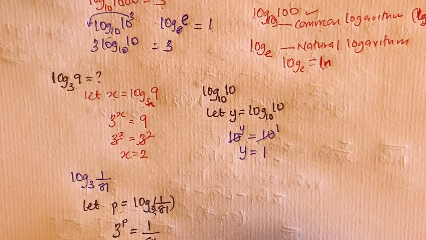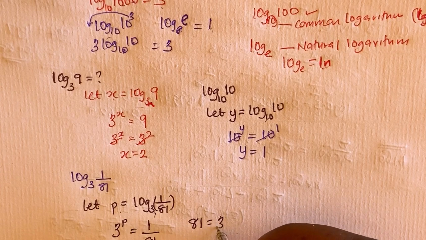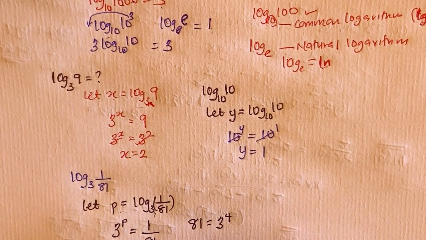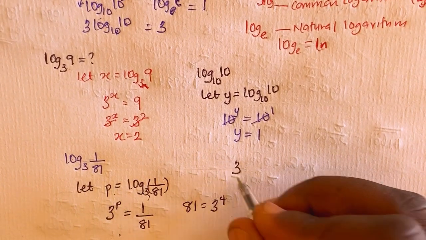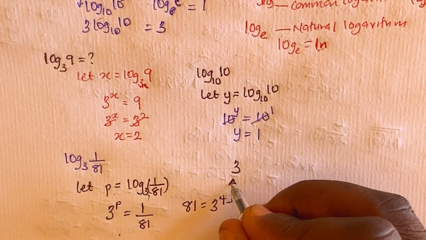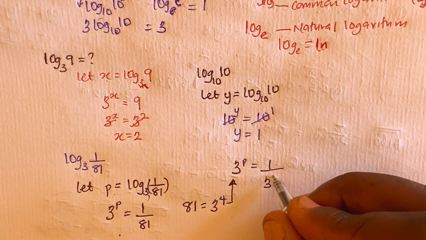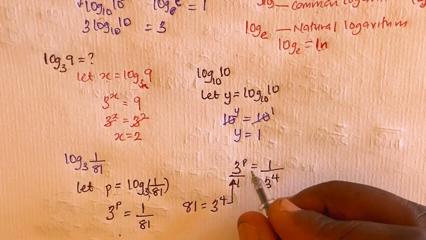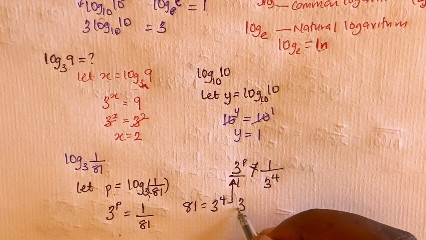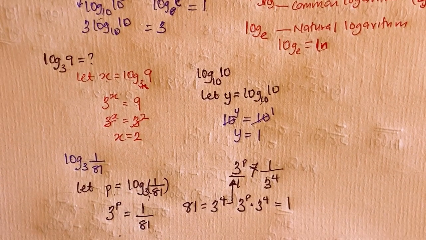You can express 81 as 3 exponential 4. So 3 raised to the power p equals 1 divided by 3 exponential 4. Now I cross multiply: 3 exponential p multiplied by 3 exponential 4 equals 1.